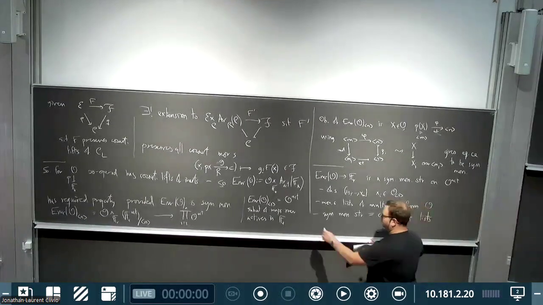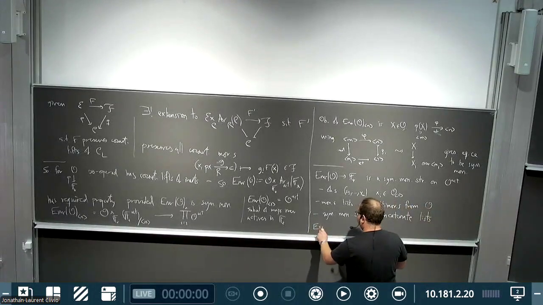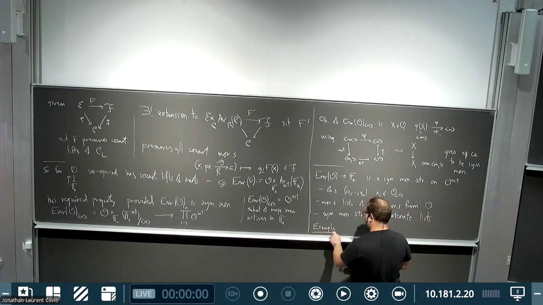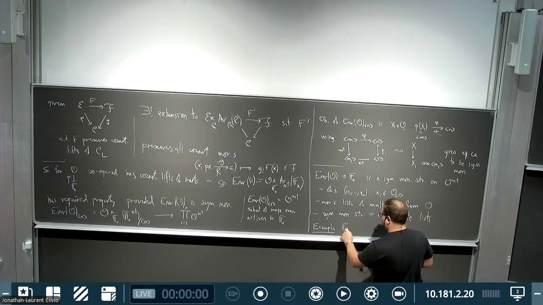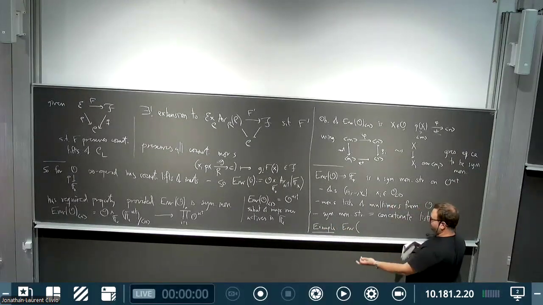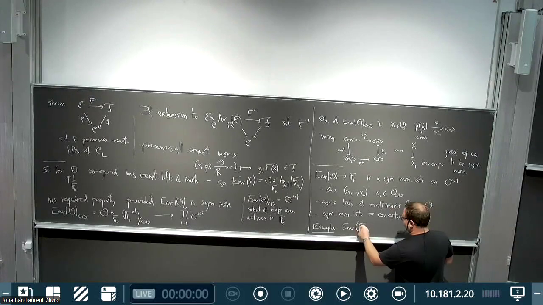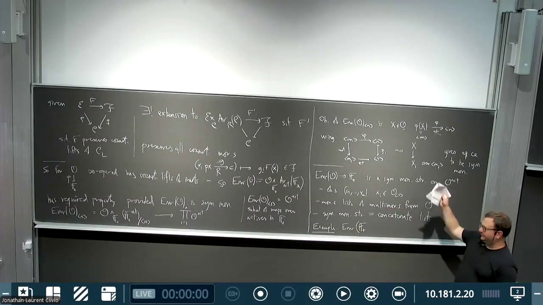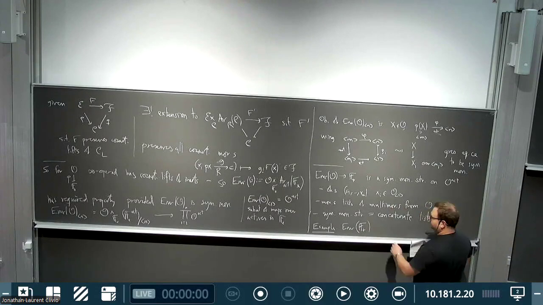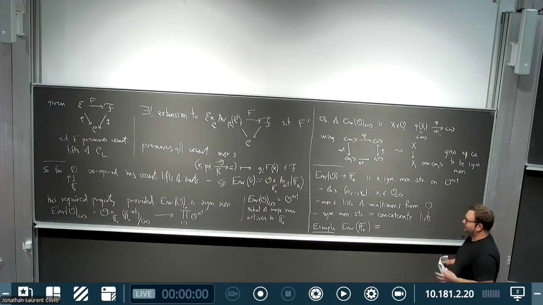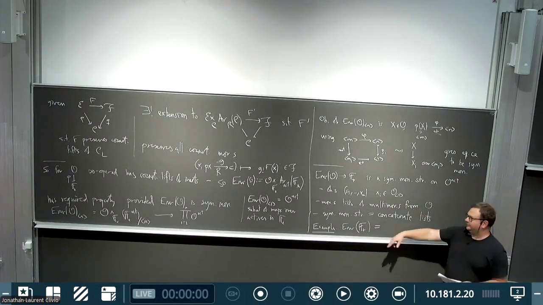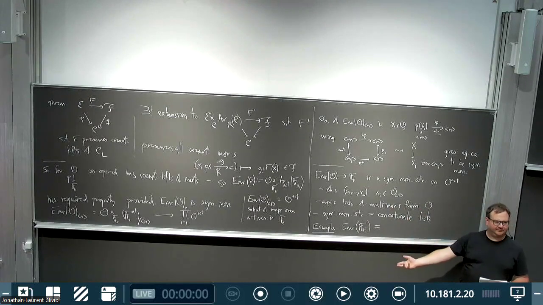So, for example, if you look at the envelope of the terminal object, the commutative operad, which is finite pointed sets mapping to itself by the identity, what you get is F star act, which you can identify just with the category of finite sets.